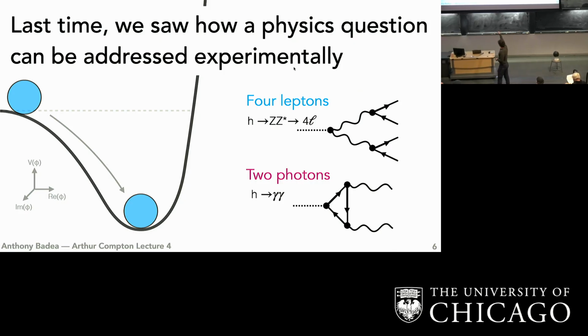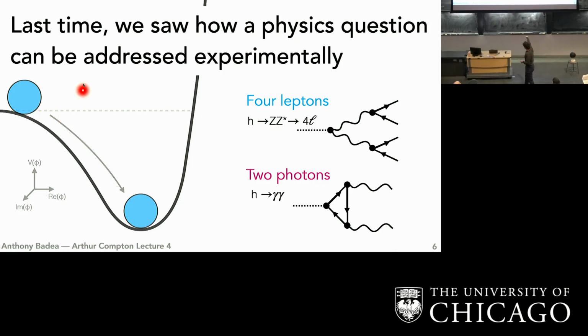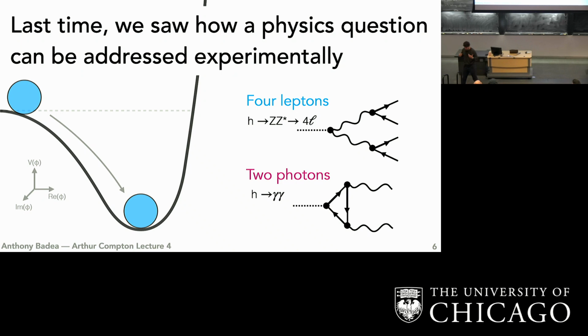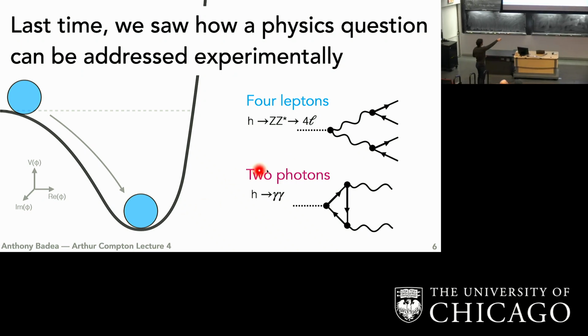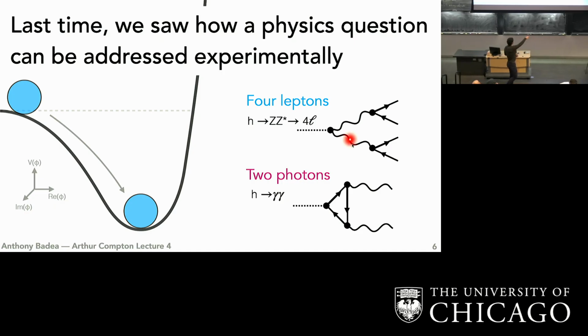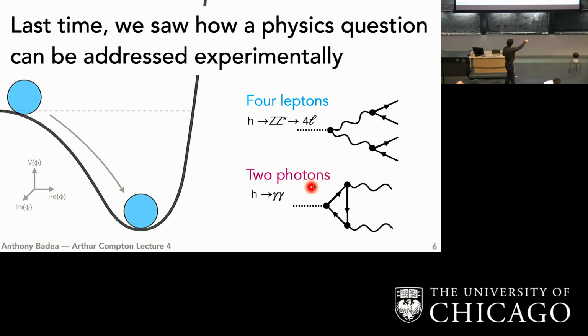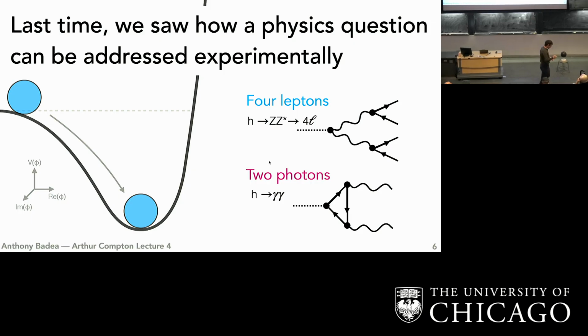And that theory was the so-called Higgs mechanism, where the universe starts off in a zero energy state, goes down to a lower energy state. When that happens, all the other particles acquire mass. And then at the experiment, what we look for is actually signals in our detector. And we saw that from theory, you could predict what type of signals you would expect to see in the detector. And so we predicted that we should see 4 leptons or 2 photons and a whole bunch of other signatures, but in particular, these ones.